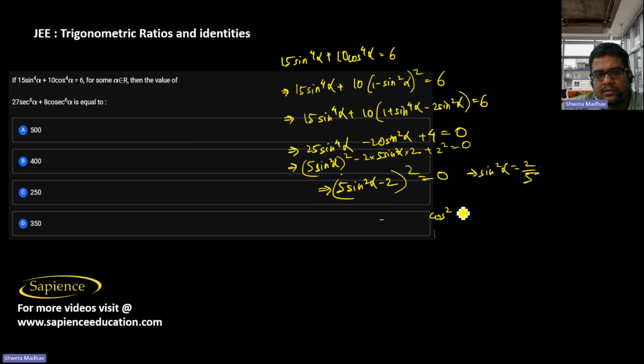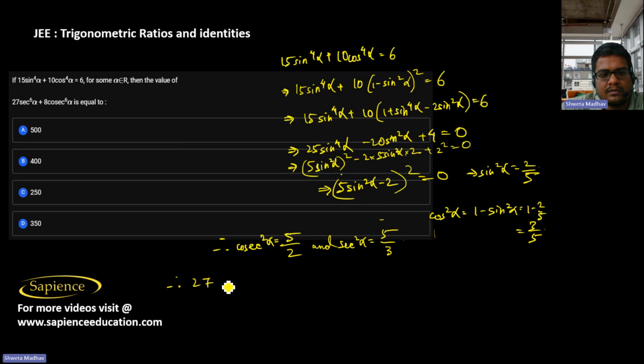Therefore cos square alpha is 1 minus sine square alpha, which is 1 minus 2 by 5, that is equal to 3 by 5. Similarly, cosec square alpha will be 5 by 2, and sec square alpha will be 5 by 3.